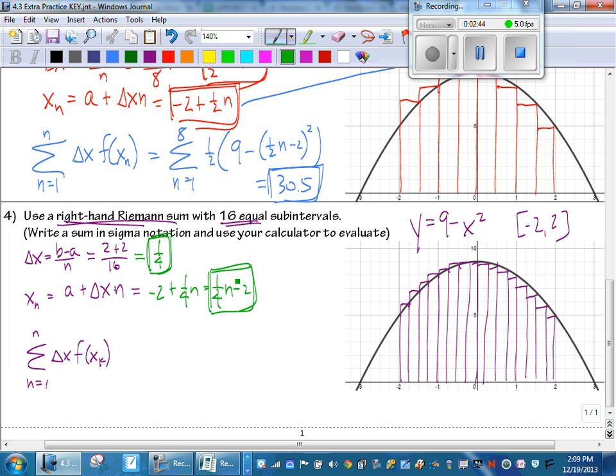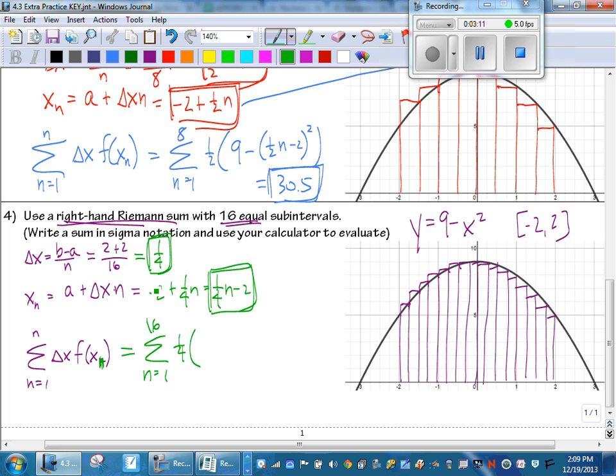Well, now we can take both of these and substitute it into this sum to set up our equation. So we're taking the sum from n equals 1 to 16, right? The total number of subintervals, total number of rectangles. Then we're taking the sum of delta x, which we established was 1/4, times f of x sub n.